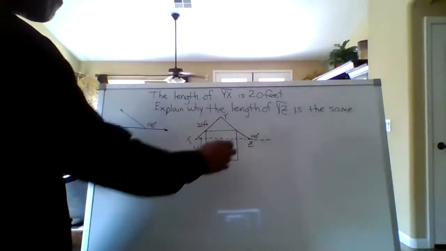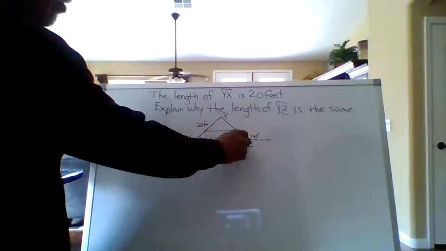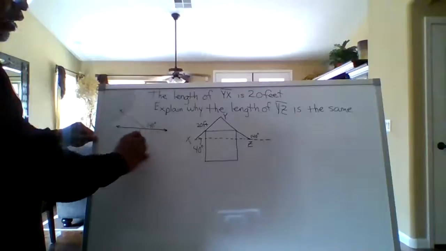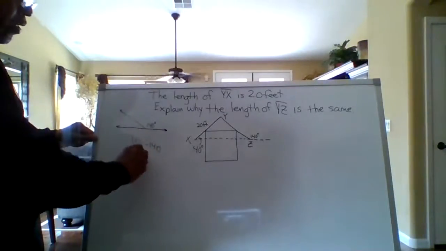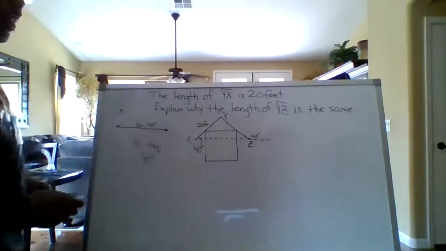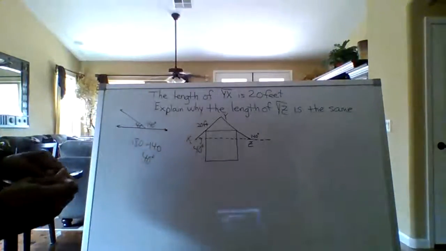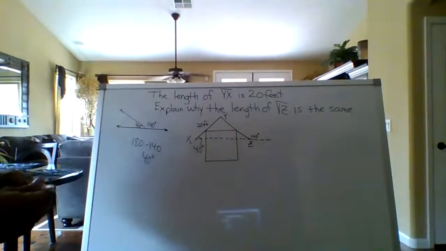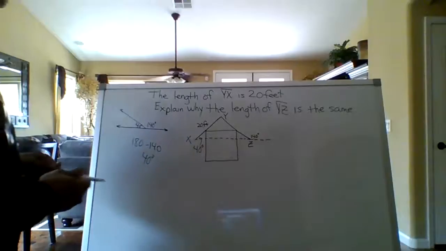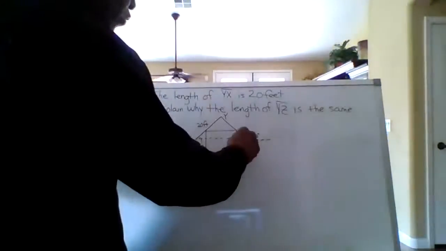Now, I can find this angle right here. Since the straight line is 180, I'm looking at 180 minus 140. So that would give me 40 degrees for that angle, okay? These are supplementary angles, remember? Two angles add up to 180 degrees. So I'm gonna squeeze in 40 degrees right here.